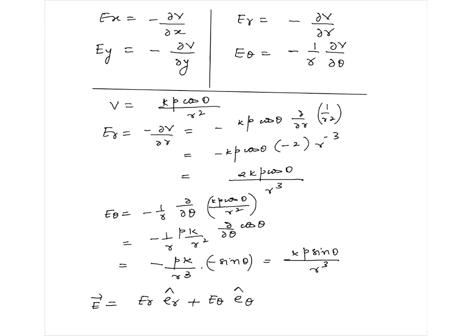Any questions? Let me know. So what is E here? Unit vector. ER whole thing is a unit vector along R direction. When we want to represent unit vector along theta direction, instead of using theta cap, we use E theta cap. That's it.